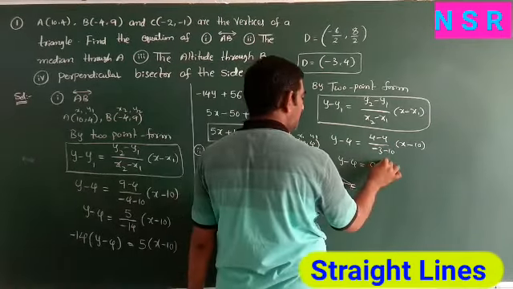So this is the median AD equation. The AB line segment equation is 5x plus 14y minus 106 equals 0 and the equation of the median is y minus 4 equals 0.